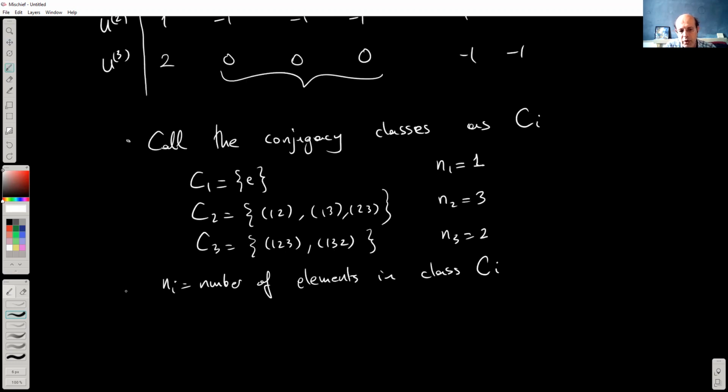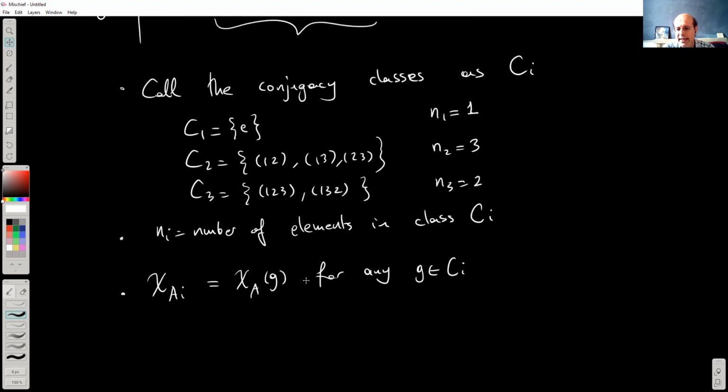I'm also going to call chi_i, let's say it like this, chi_i as the character of g, for any g in that conjugacy class. So since the character is a property of the conjugacy class and not the elements, I'm going to use this kind of notation. So chi mu i, for example, I'm going to use the same kind of notation.